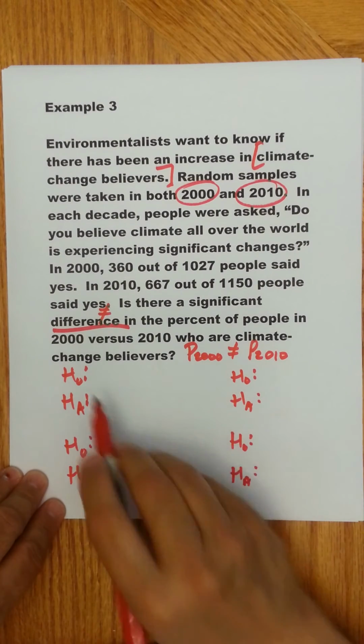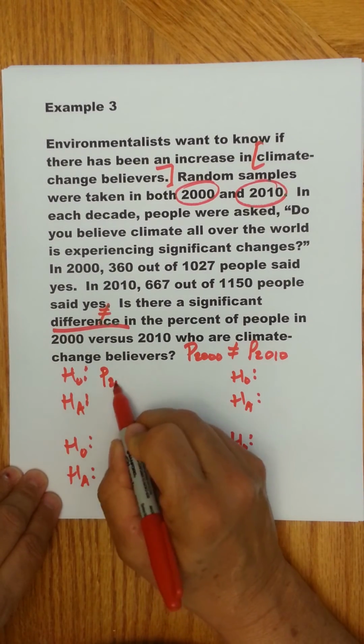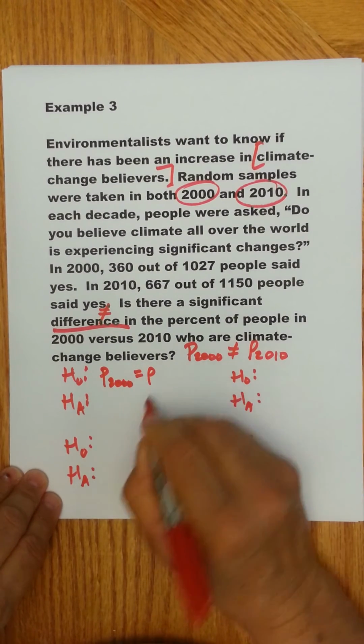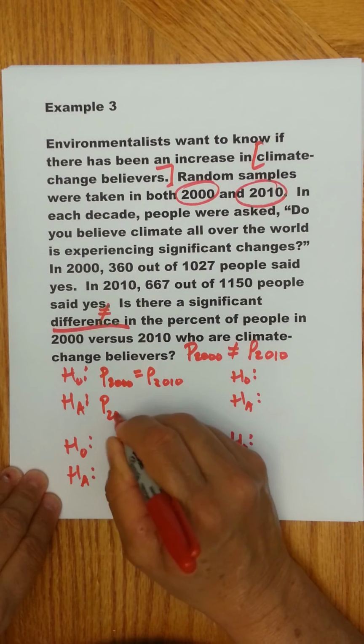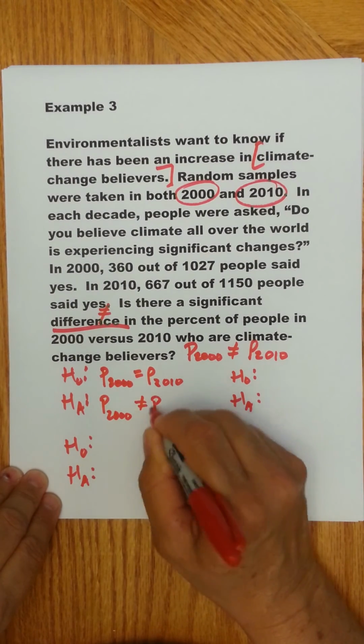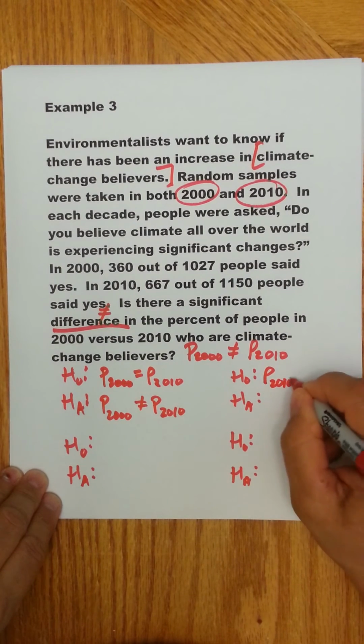So here you could say P sub 2000 is equal to P sub 2010. P sub 2000 is different from P sub 2010. You could have written this in a different order.